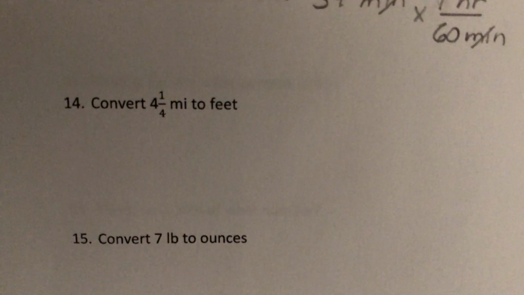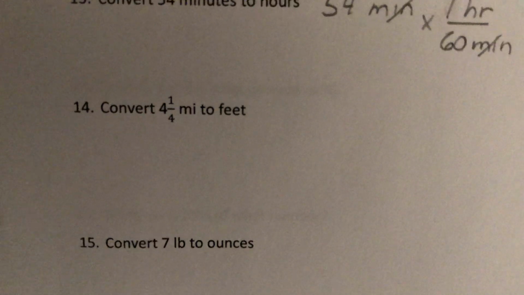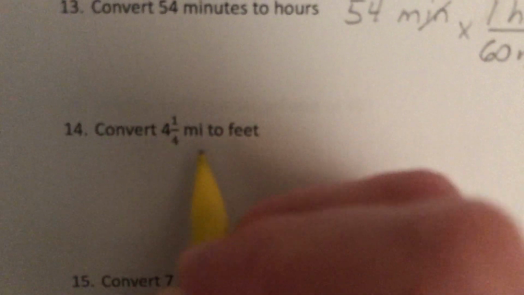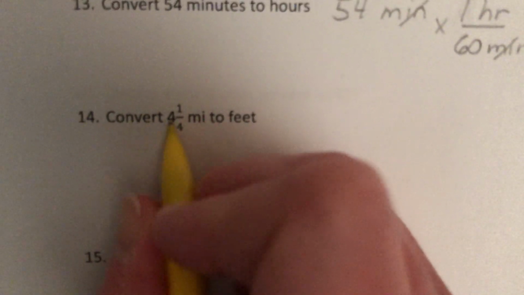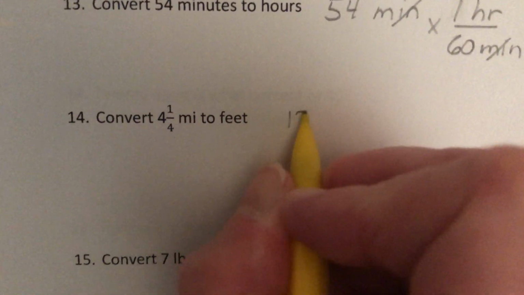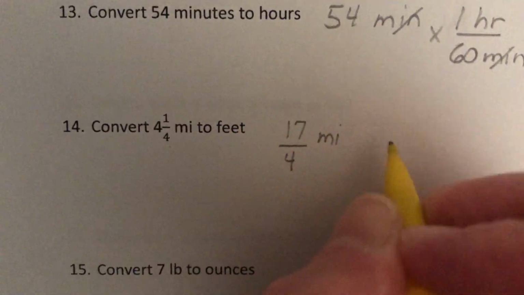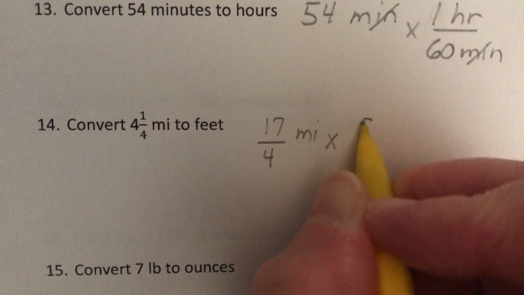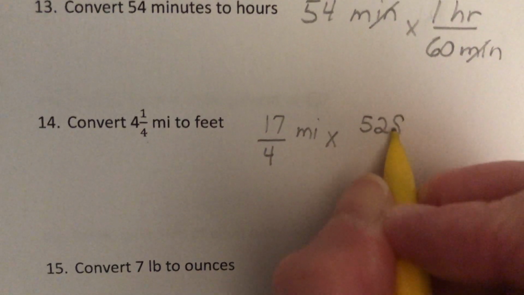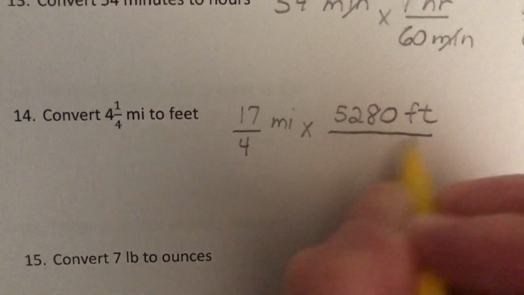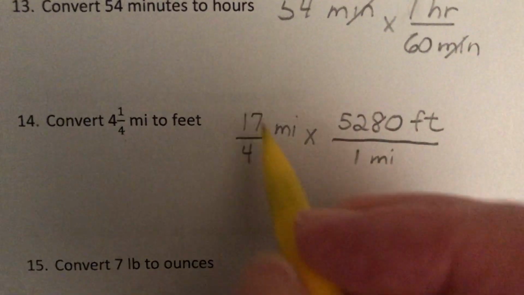Convert 4 1/4 miles into feet. So first change this to an improper fraction. 4 times 4 is 16 plus 1 is 17 fourths miles times. There are 5,280 feet in 1 mile.